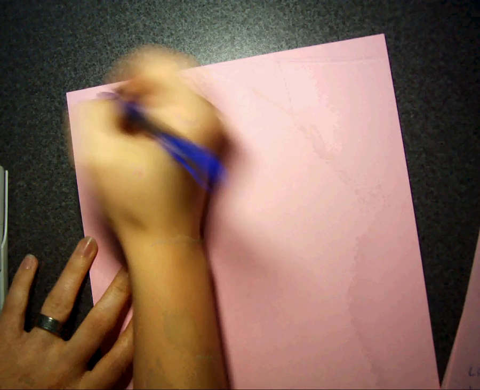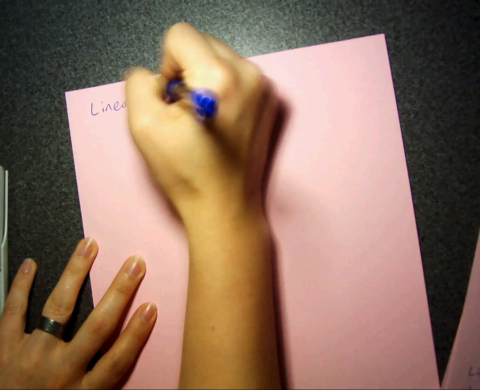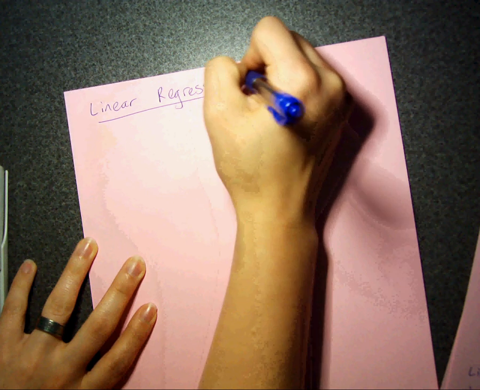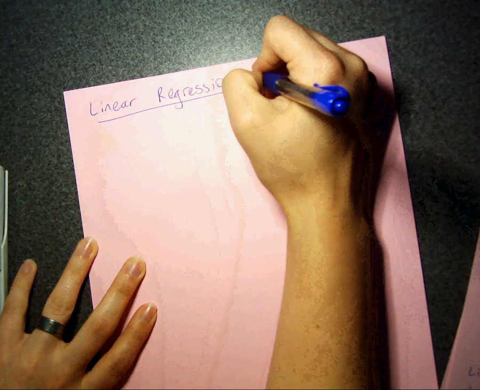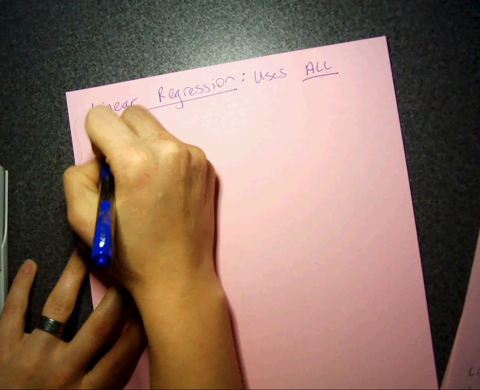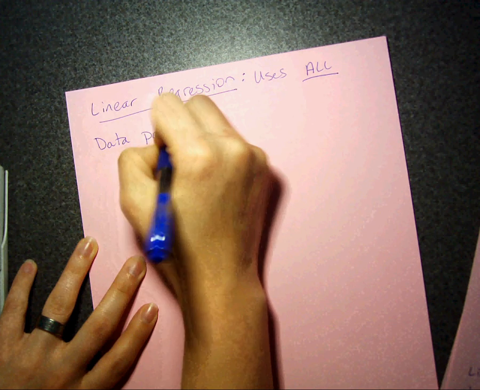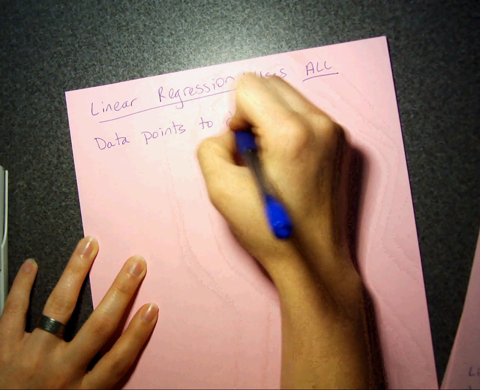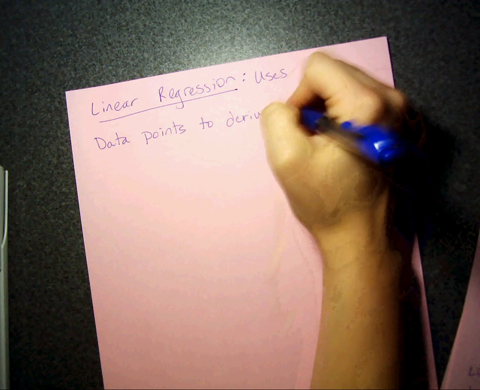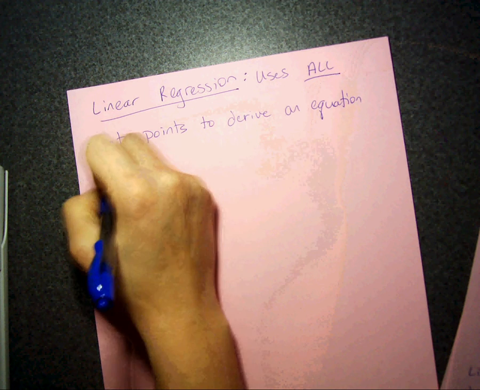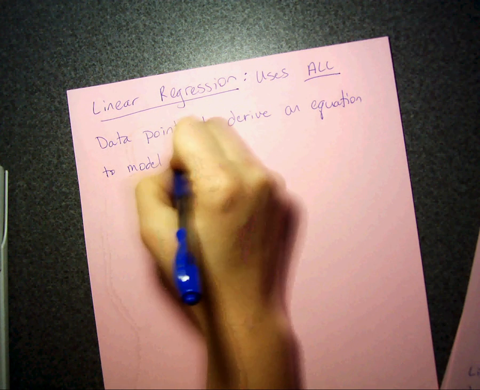All right, so linear regression uses all data points to derive, we're going to be fancy, to come up with an equation to model the data. And like I said, there is a formula to do it by hand, but it does take a long time.